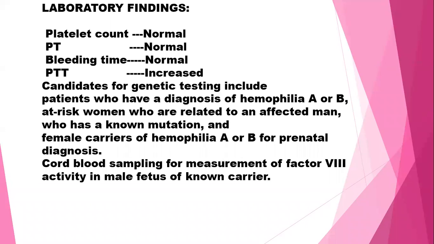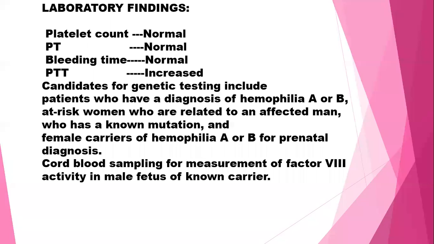Laboratory findings here: the platelet count is normal, PT is normal, bleeding time is normal, but PTT is increased. The candidates for genetic testing include patients who have a diagnosis of hemophilia A or B, and at-risk women who are related to an affected man who has a known mutation, or female carriers of hemophilia A or B for prenatal diagnosis.